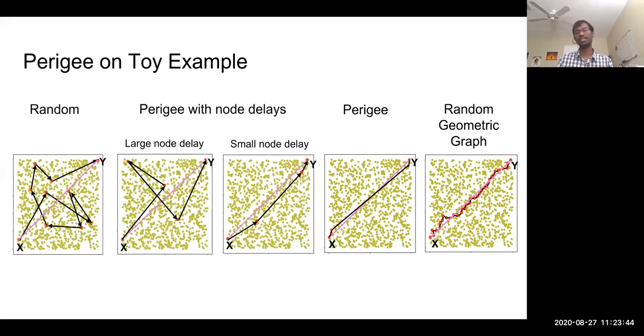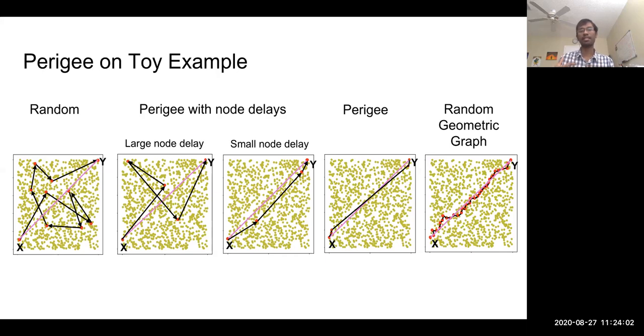Even if we were to change the network conditions, for example, supposing I introduce some node delays into this toy example. So in addition to link delay, each time a message reaches a node, it's also going to incur some node delay.